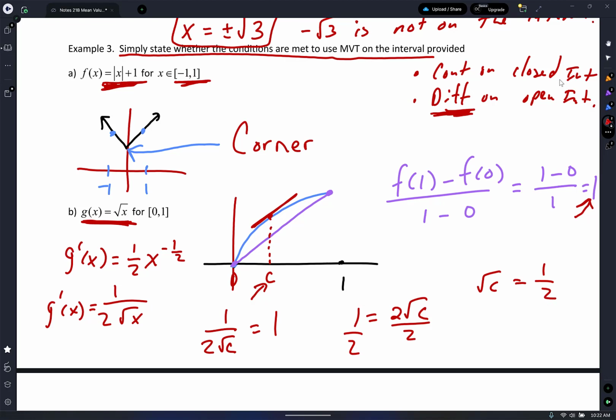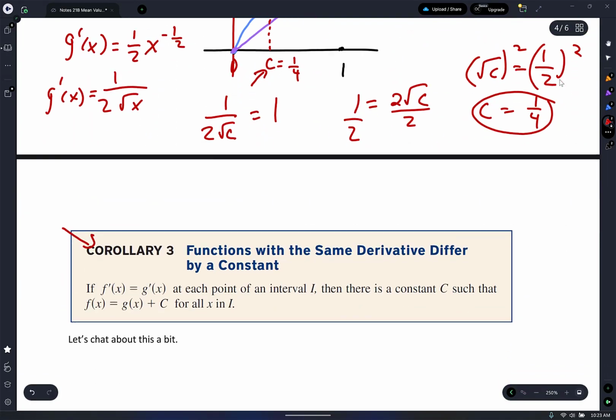And then how do I get rid of that square root? Square. So c equals 1/4. At x equals 1/4, that's where that happens. At c equals 1/4, I have a tangent line that is parallel to that secant line. Cool or not cool? Okay, I think we're doing good, guys.